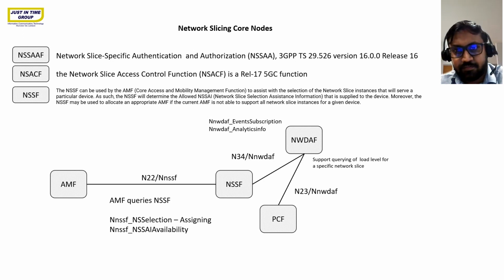Here you can see that the network slice selection function can consume from the NWDAF, PCF can subscribe to the NWDAF, and AMF can take information from the NSSF. Those are the main network functions in the 5G core network that support the network slicing control part in a telecom core network.